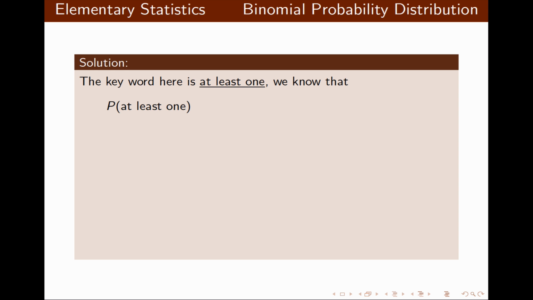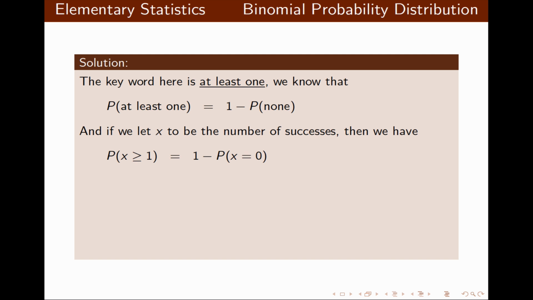So the probability of at least one, as we know from before, is 1 minus the probability of none. So if we let x be the number of successes, then at least 1 will be the probability that x is greater than or equal to 1, which is equal to 1 minus the probability of none, so that means x has to be equal to 0.